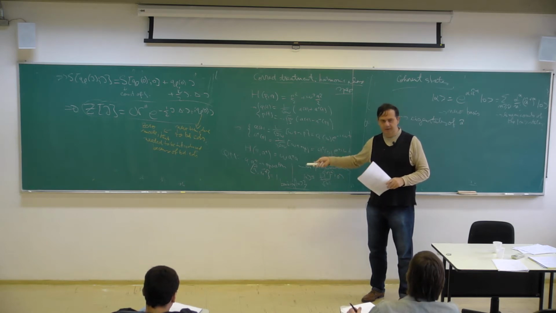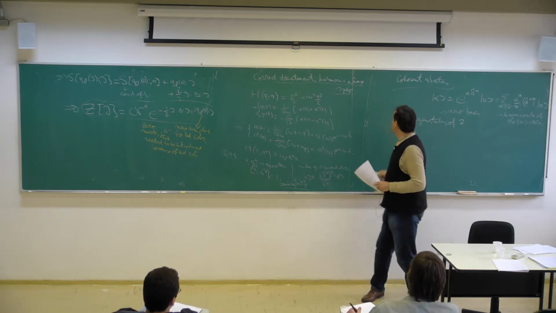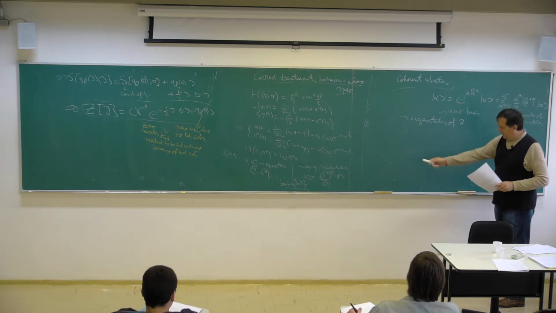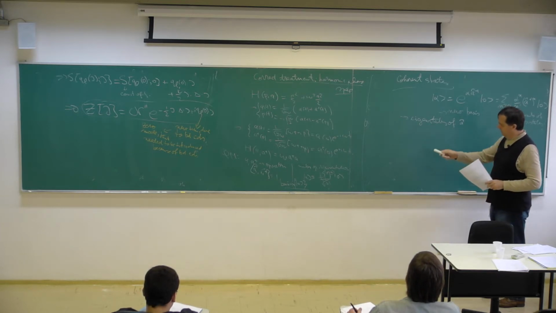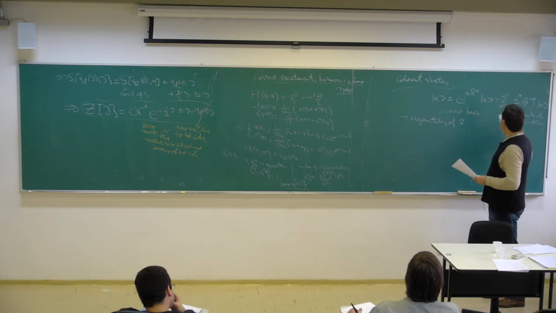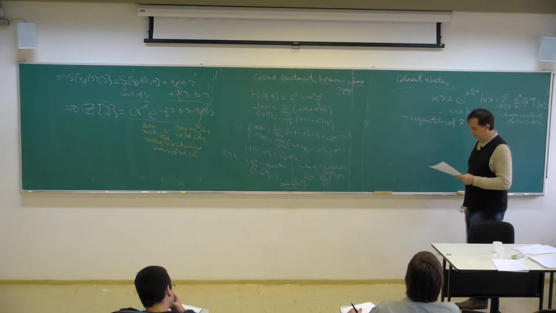So the n states are not eigenstates of A, but the alpha states are eigenstates of A. They are combinations of these states that are eigenstates of A.